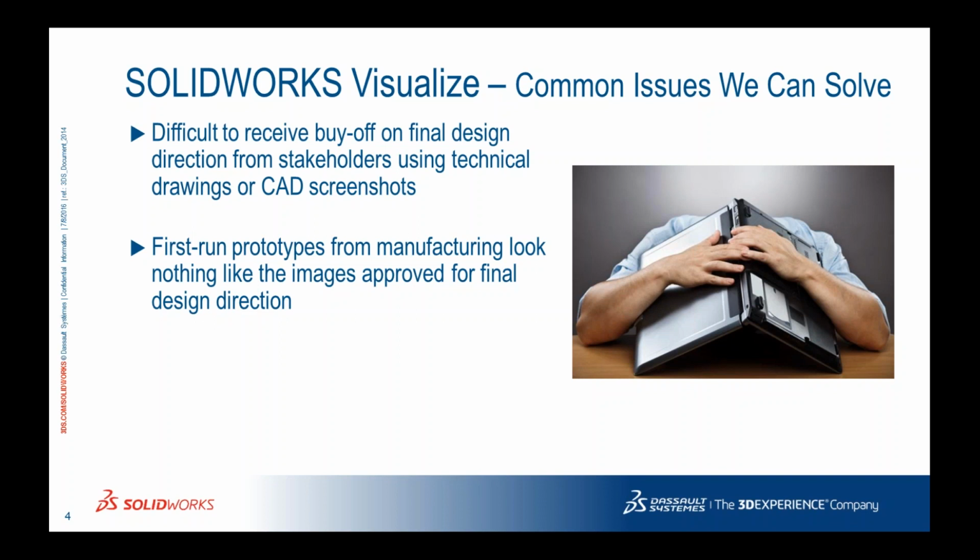Another issue we can help solve is that first run prototypes coming back from manufacturing might look completely different than the images that were approved for the final design or engineering direction. This happens a lot, especially in the manufacturing portion of your design development. When you get those first prototypes back, they look completely different than the non-photorealistic images or technical drawings that you originally approved before going into production.